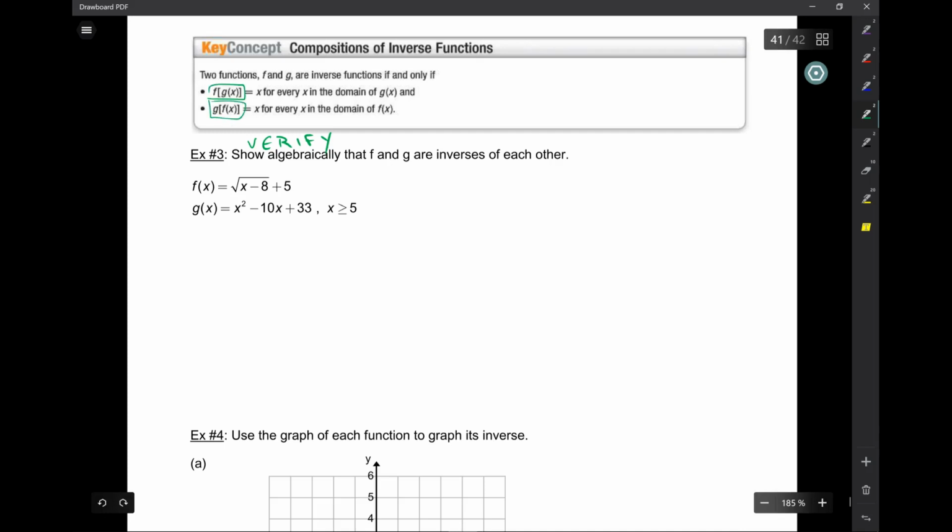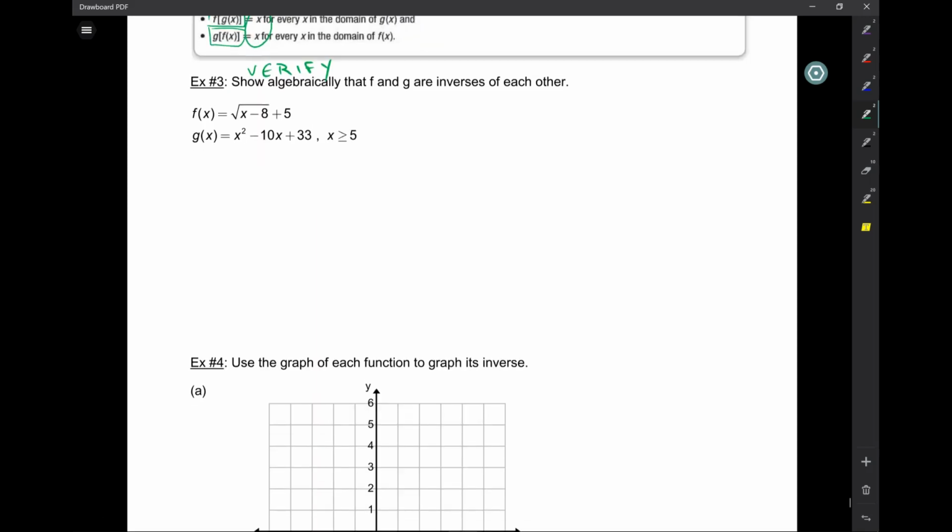And for both of them, you have to end with x. Only then have you verified that they're inverses. So it's not that they need to equal the same thing. No, they both need to come out to x.